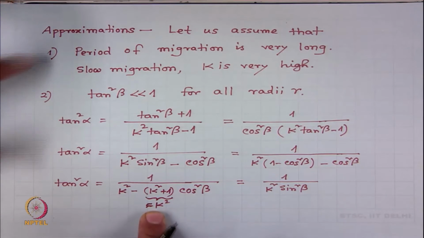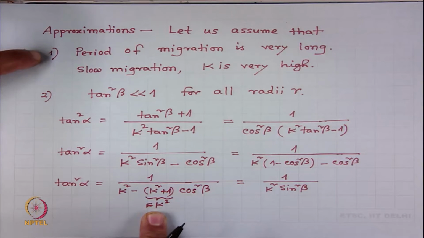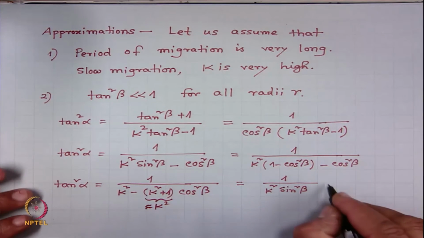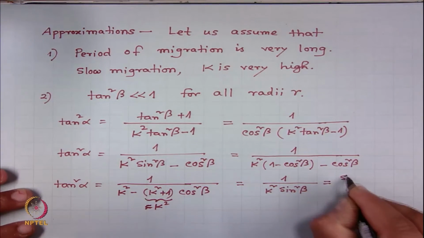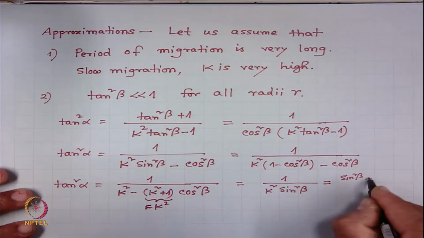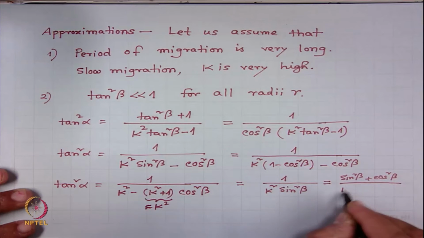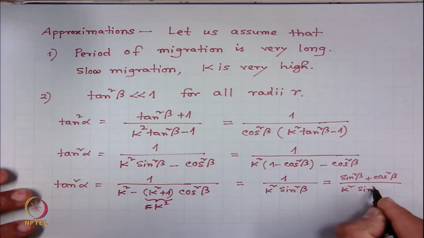So, we used here the first approximation and we would like to use the second approximation somewhere. Let us write 1 as sin square beta plus cos square beta, k square sin square beta.